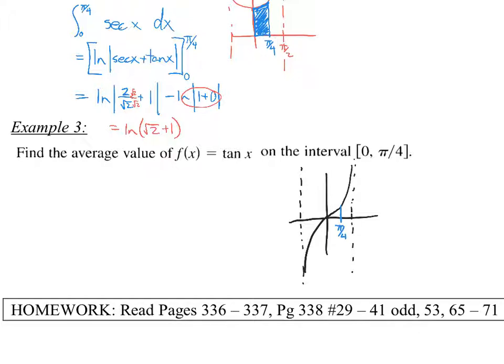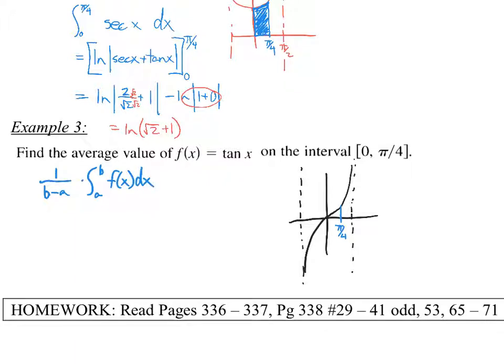Mean value theorem. Okay, listen, guys. When you hear average value of a function, automatically you ought to be thinking mean value theorem. If I want the average value of f, I'm going to do 1 over b minus a times the integral from a to b of f of x dx.